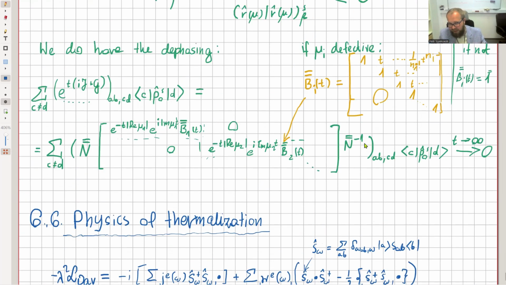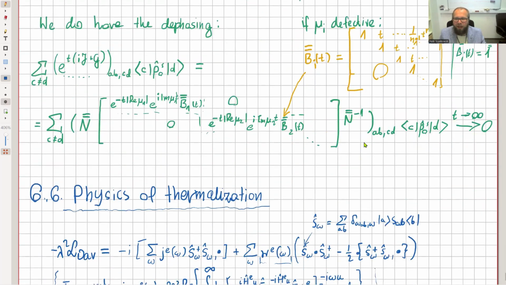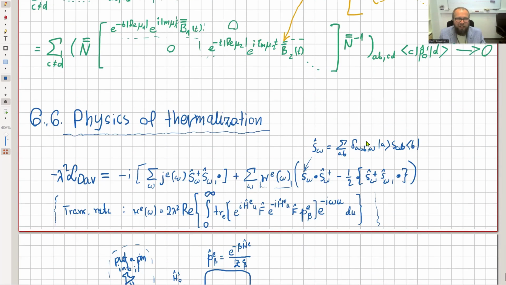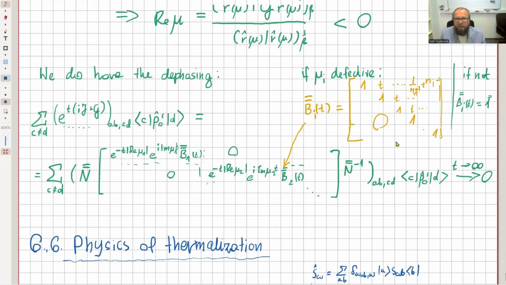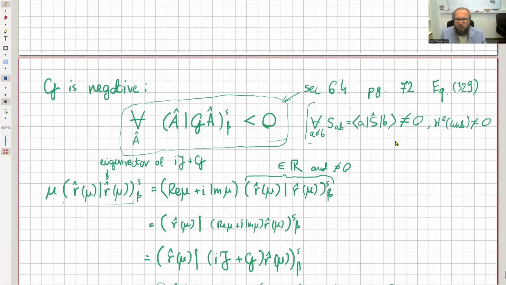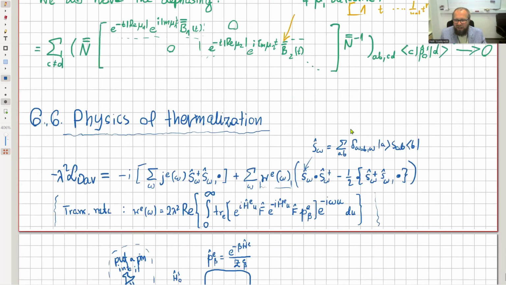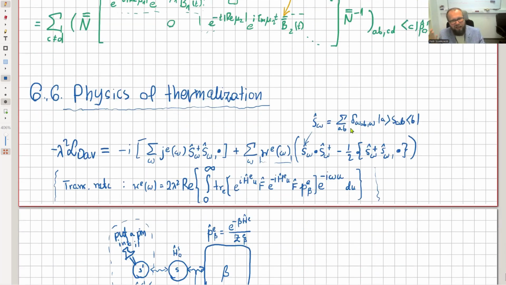Well, I didn't show you in detail, but believe me, and you can check the notes if you want to see for yourself. We had to assume, for example, that the coupling operator satisfies the condition that all energy levels are connected. So it surely has an impact on the whole dynamics of the process.